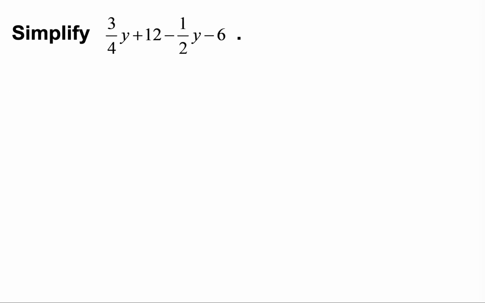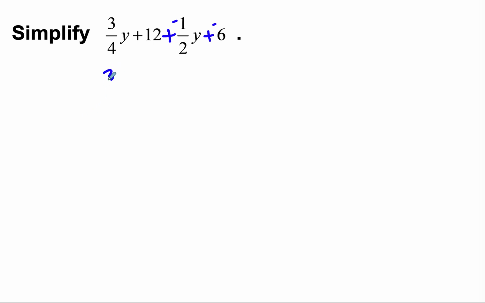All right, and then our next type of problem asks us to simplify. And really what that means is you need to find and combine the like terms. It's putting those terms into groups together like we did when I showed you the different shapes. So here's the expression 3/4 y plus 12 minus 1/2 y minus 6. So I'm going to do boom, change to addition, boom, change the sign, boom, change to addition, boom, change the sign.